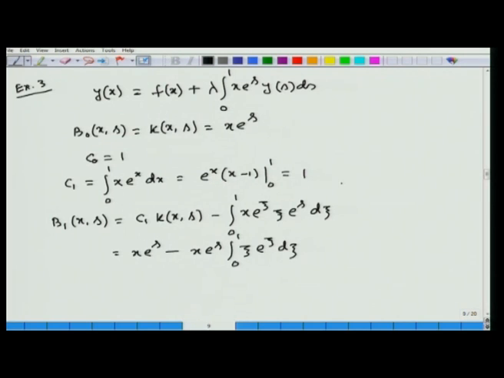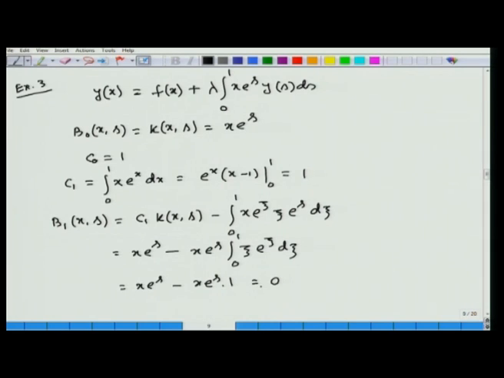Here we have already evaluated the integral from 0 to 1 of x e^x dx equal to 1. Therefore, this is equal to x e^s minus x e^s into 1, which means this is identically equal to 0.